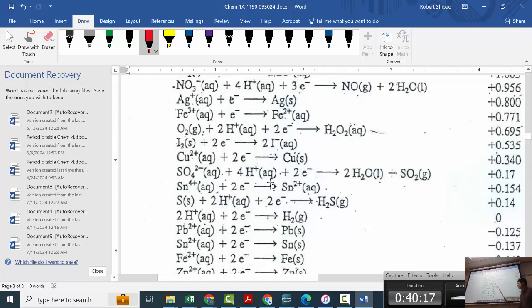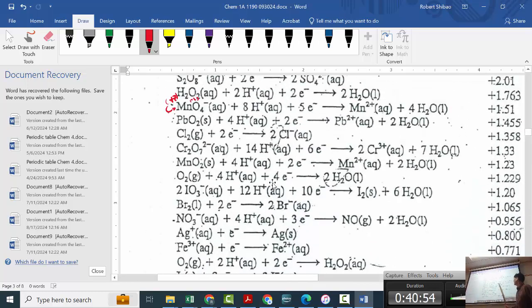Sulfides are pretty good. This is kind of like water, H2O, except sulfides give the electrons a lot easier than water does. Water is a lot harder to oxidize than hydrogen sulfide. Tin 2 can go to tin 4. Sulfur dioxide can go to sulfate. Copper can go to copper 2. Iodide can go to iodine. Hydrogen peroxide can go to oxygen. All these give up electrons. Iron 2 goes to iron 3, giving up an electron. Silver goes to silver ions, giving up an electron.